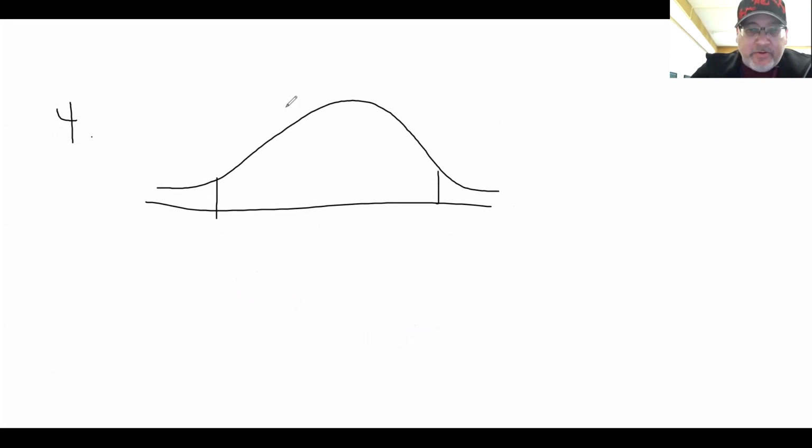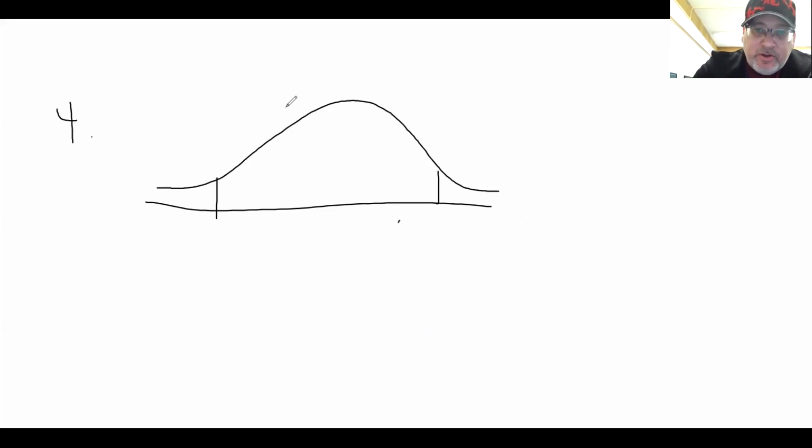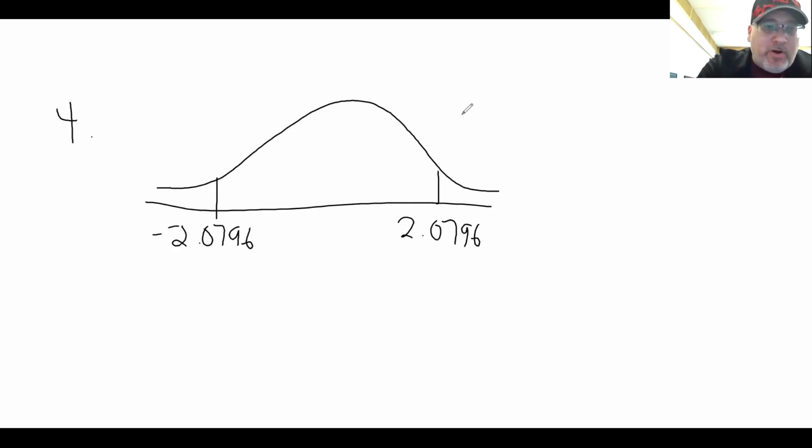Our critical values were plus or minus 2.0796, 2.0796 here, negative 2.0796 here. Our test statistic was negative 2.5896, and it lands over here.